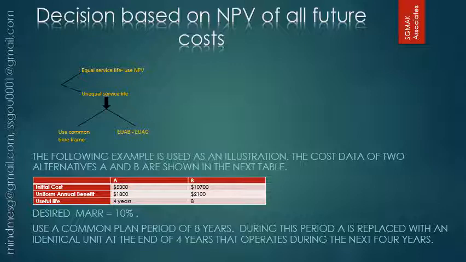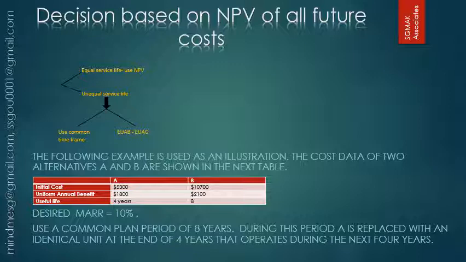We're comparing two alternatives, A and B. The cost elements are given. A has an initial cost of $3,000 and a uniform annual benefit of $1,800, with a useful life of 4 years. B has an initial cost of $10,700, a uniform annual benefit of $2,100, and a useful life of 8 years.